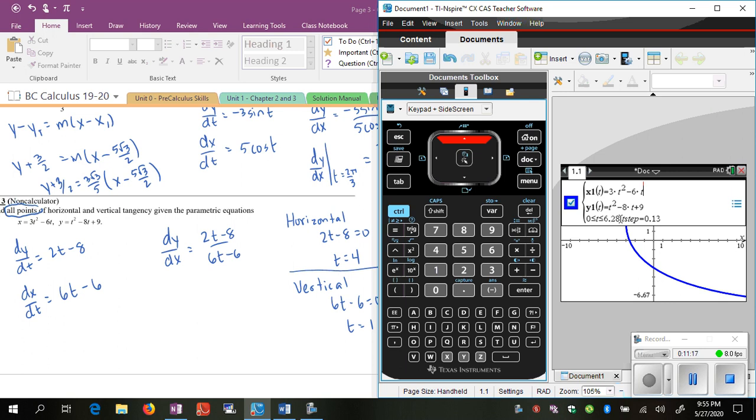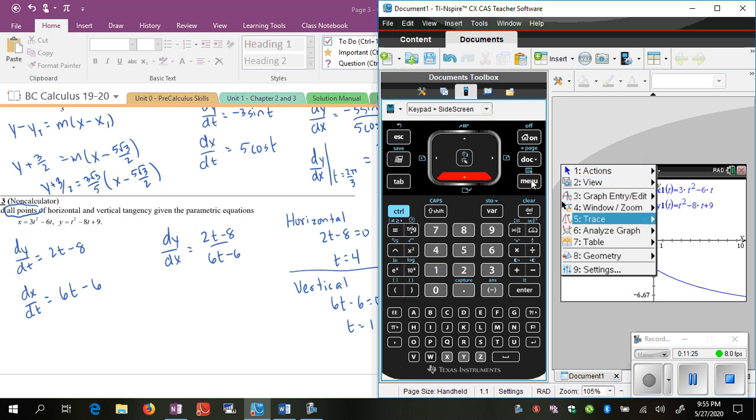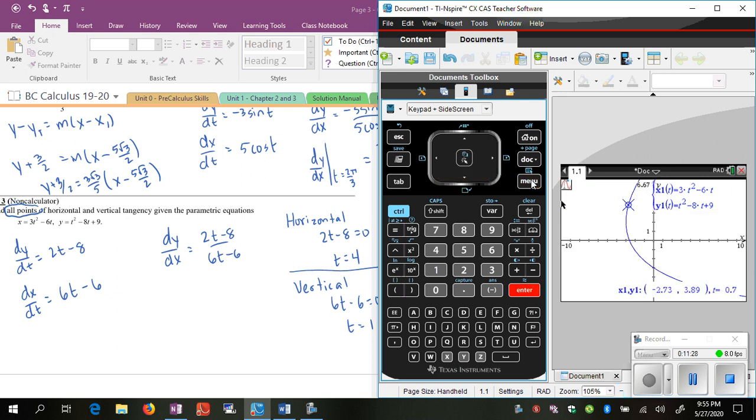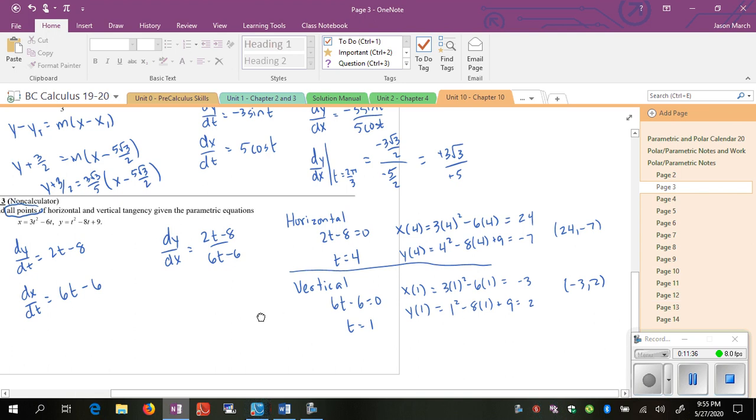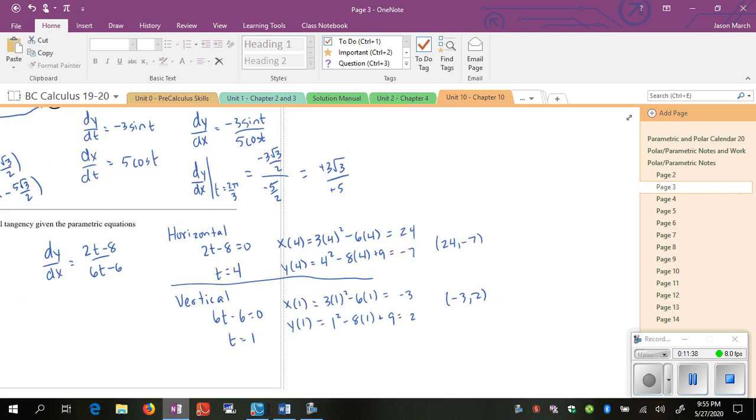And let's see. So now that I've got the graph here, the other thing I can take a look at is if I go to menu, trace, graph trace, it actually steps along the graph. You can see here it's stepping and telling me what's happening at t equals 0.7, 0.8, 0.9, 1.0. We had (-3, 2) as one of our answers.